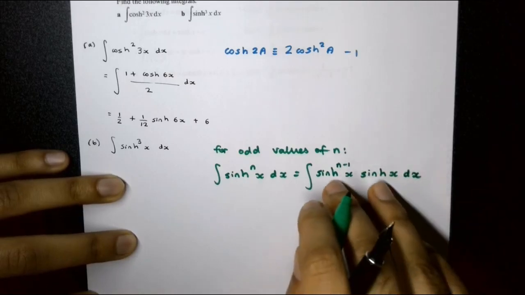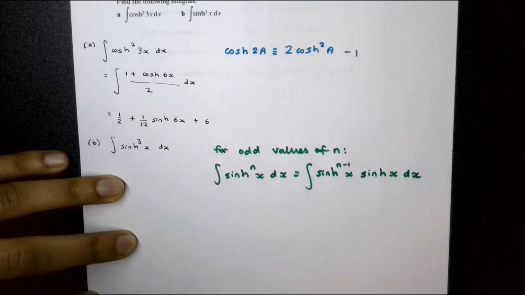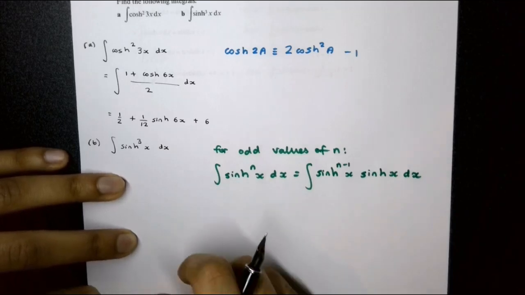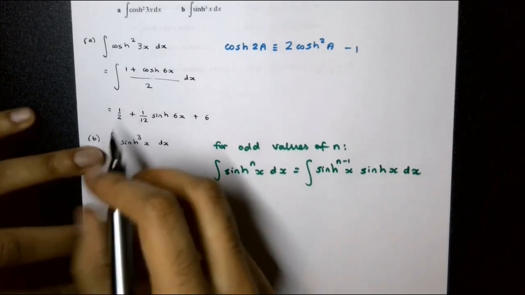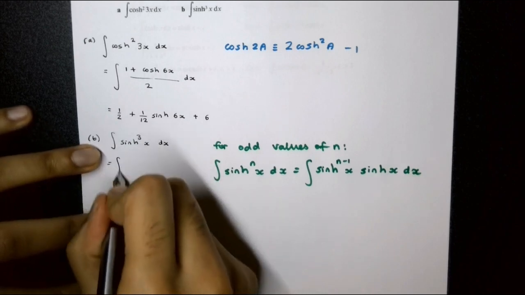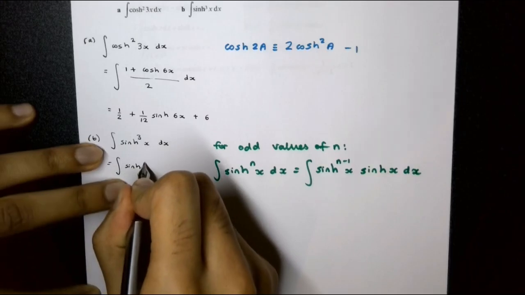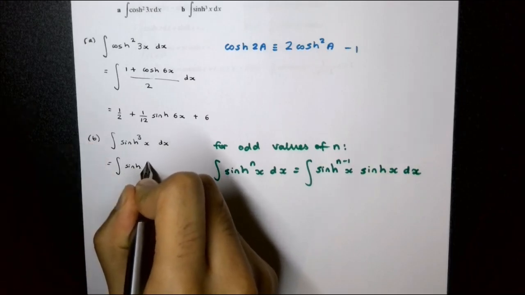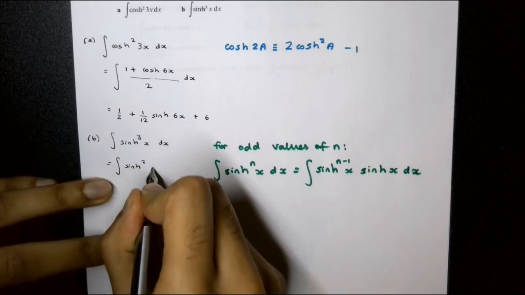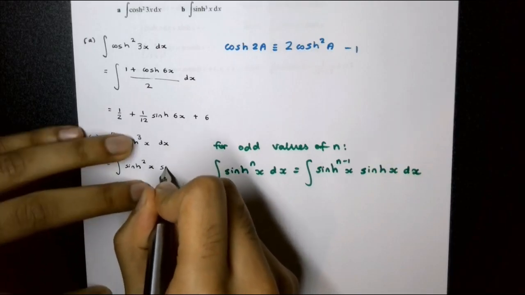And that's because when we add the powers we get this result over here. And you'll see why I'm doing that in a second. What we can say over here is we've got the integral of hyperbolic sine squared times hyperbolic sine.